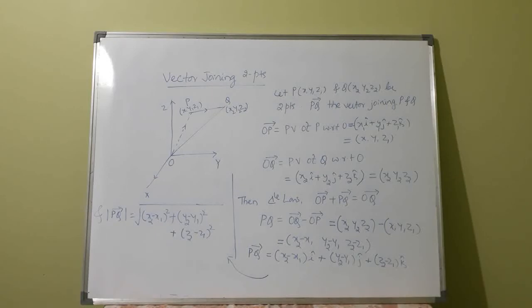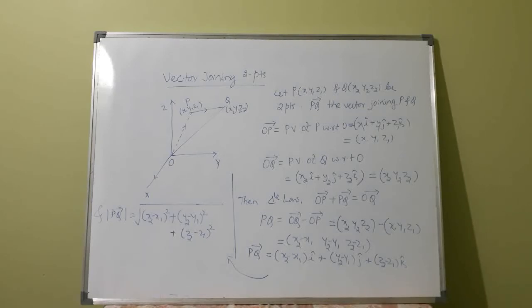So you have to deduct from each component: x2 minus x1, first component, y2 minus y1, second component, z2 minus z1, third component. Therefore, PQ is given by (x2 minus x1)i, (y2 minus y1)j, (z2 minus z1)k.